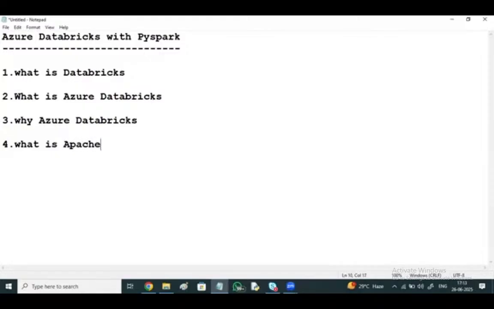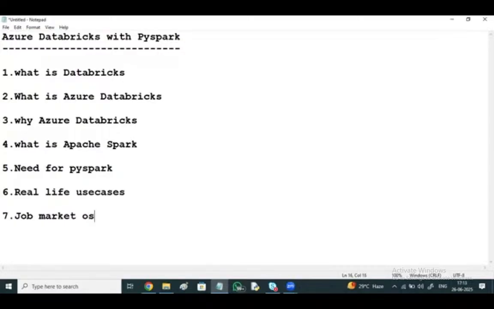So what I am going to discuss as part of today's session: what is Apache Spark, the importance of Apache Spark, the real world need for PySpark, real life use cases, and the job market of Azure Databricks with PySpark.